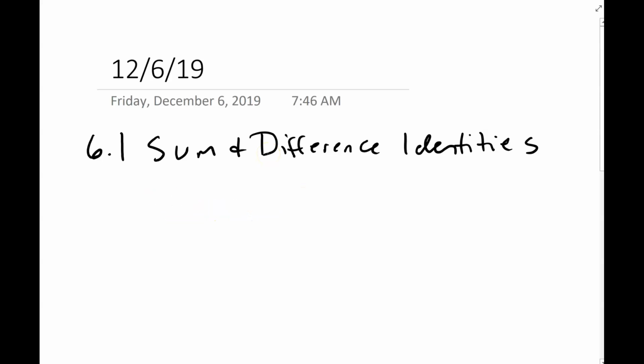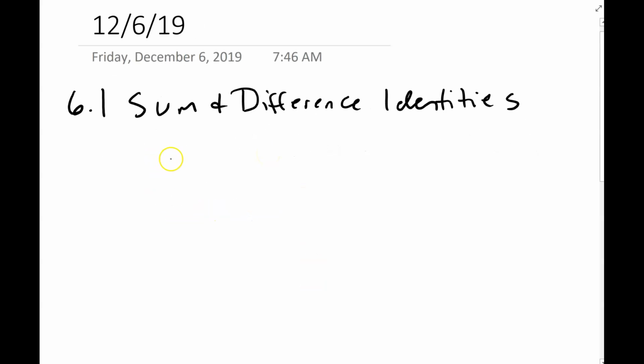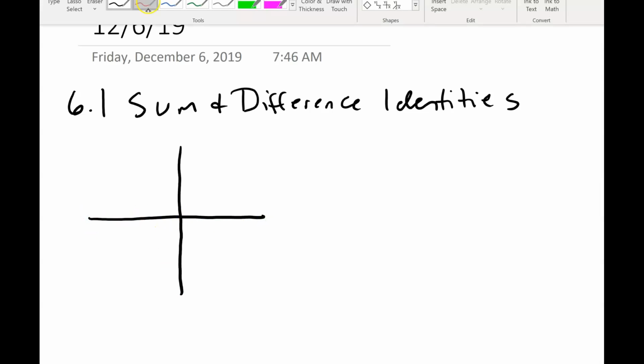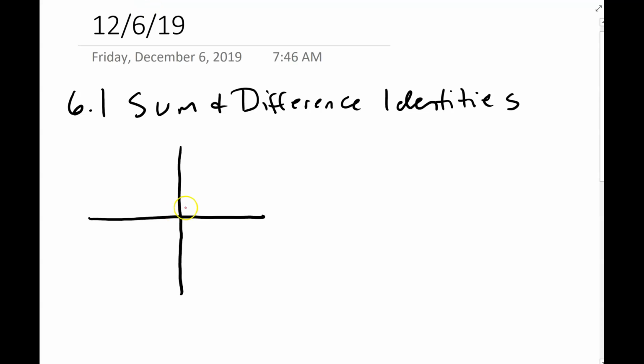All right. So let's start by just considering two angles in standard position. So maybe I have this angle here that I'm going to call V, and then say an angle down here.